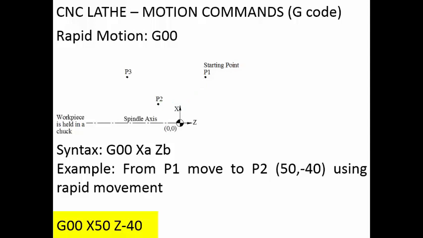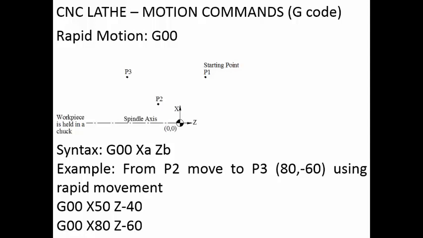Here we are not going to specify the feed rate or what speed it has to move while it is moving to this particular point. Now from P2 to P3, if you want to go, how to do that? You are already at P2, you want to move to P3. The coordinates of point P3 are 80, minus 60, which means the diameter at P3 is 80 mm and it is at a distance of 60 millimeter in the negative direction of the Z-axis, so it is minus 60.